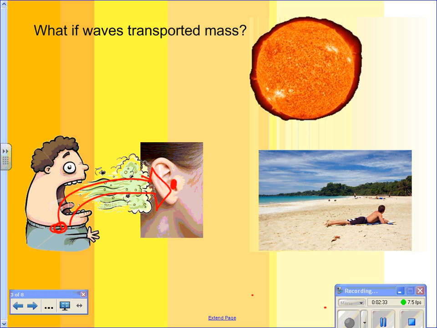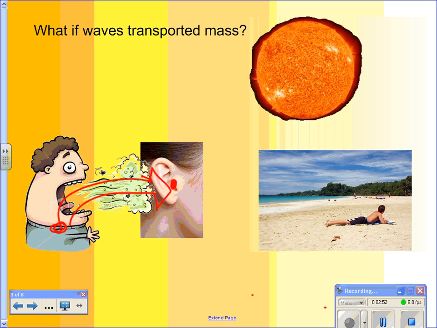Right? I mean, no one wants that. That's creepy. That's kind of gross. So the mass from my mouth, or the mass from anyone who's speaking, doesn't actually have to touch you in the face, but the energy from the vibrating vocal cords in this case does travel through the air without the air moving, and that's what reaches your ear.